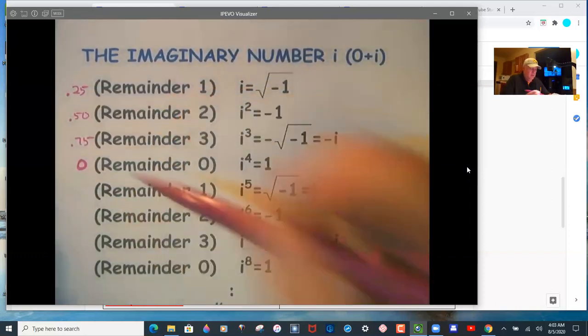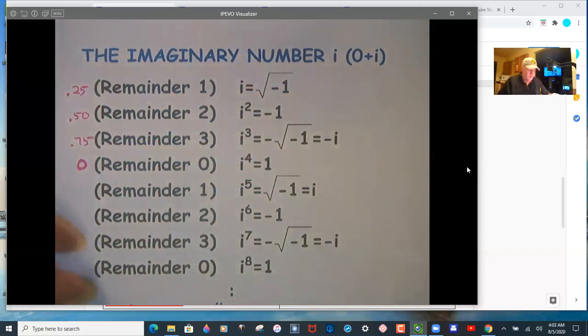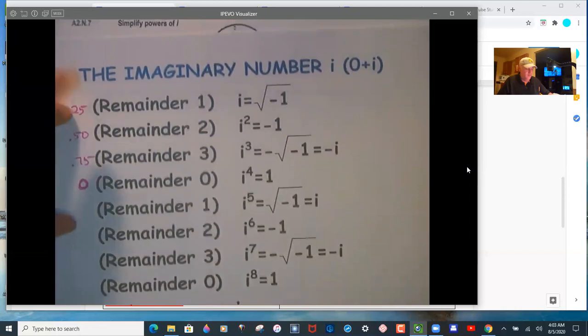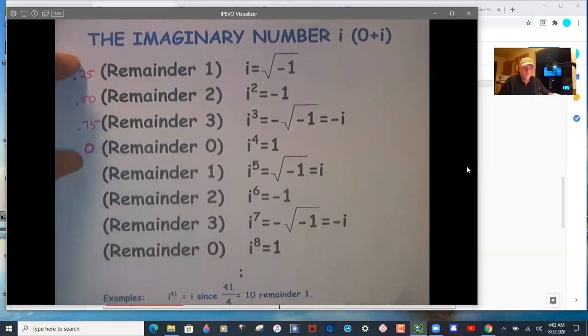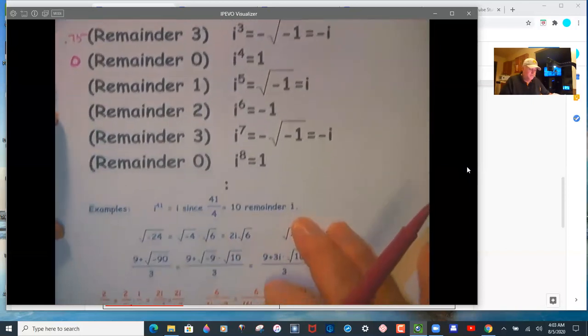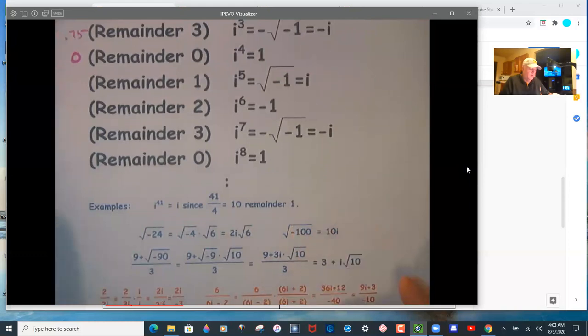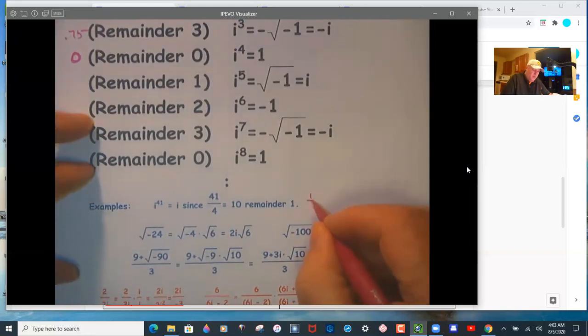And notice these remainders over here, that's for reducing powers of i. So you see my example down here, i to the 41 reduces to i, since 41 over 4 equals 10. So there's 10 blocks of this with a remainder 1. A remainder 1 is like saying 1/4.